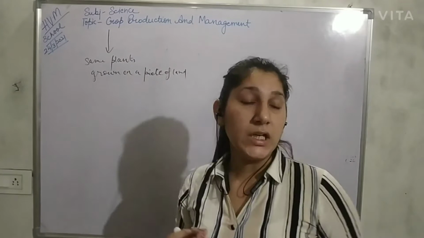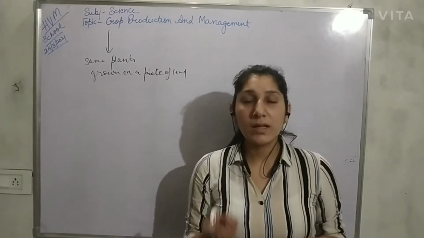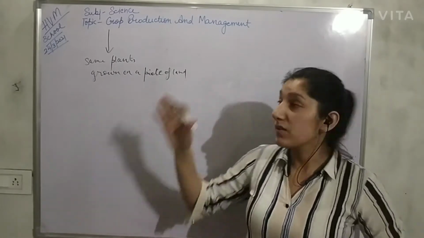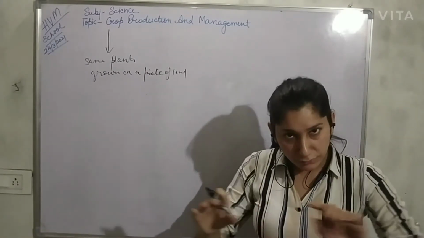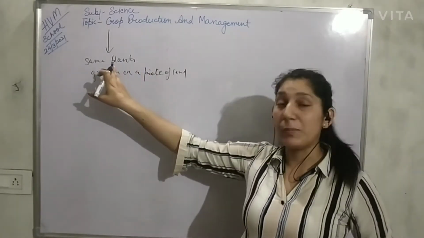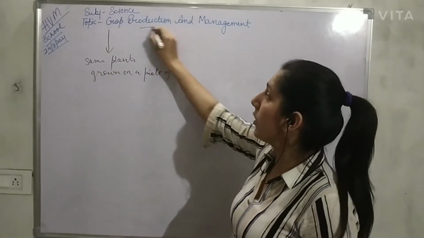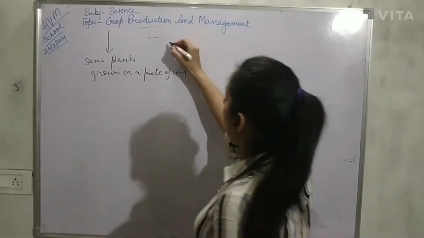For example, you eat roti, food that is made up of wheat that is grown on a piece of land. So wheat, a similar kind of plants grown on a piece of land, is known as crop. Production means to produce.